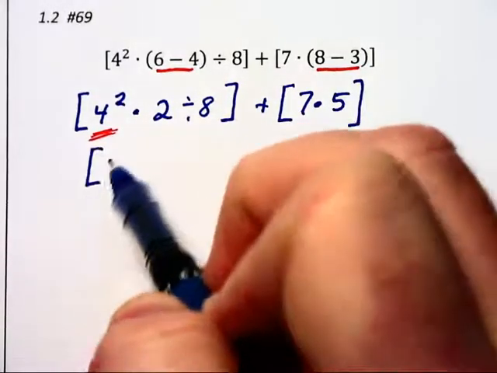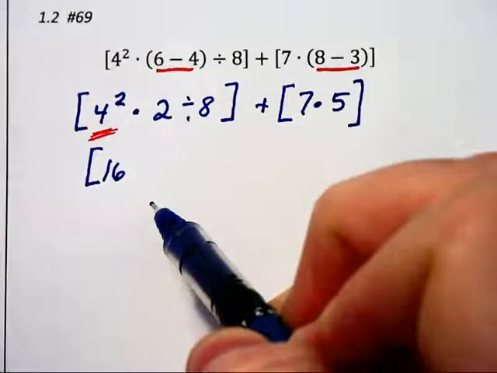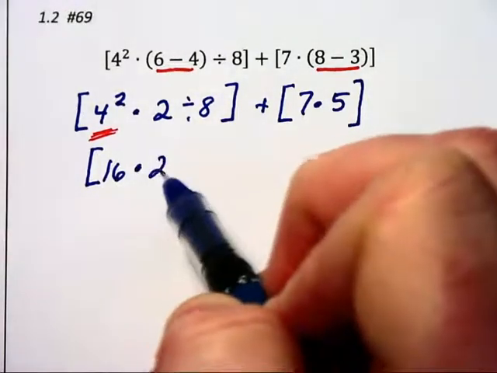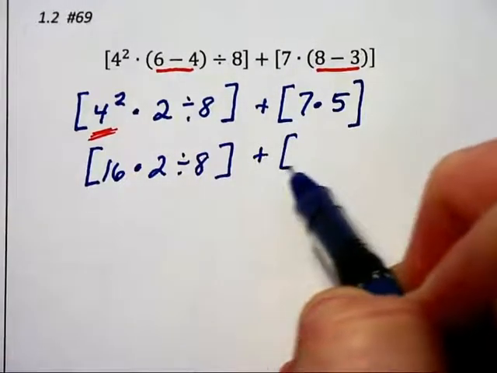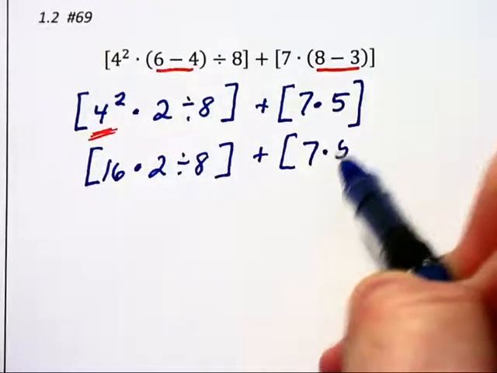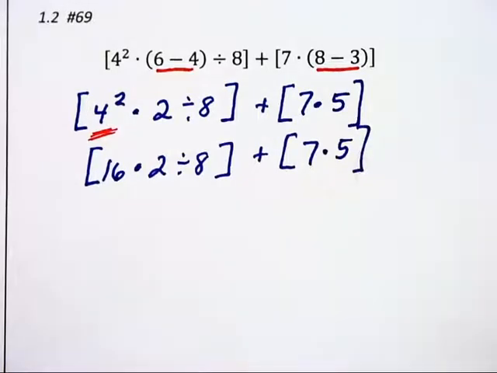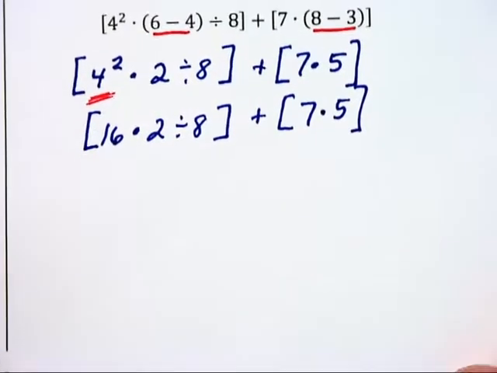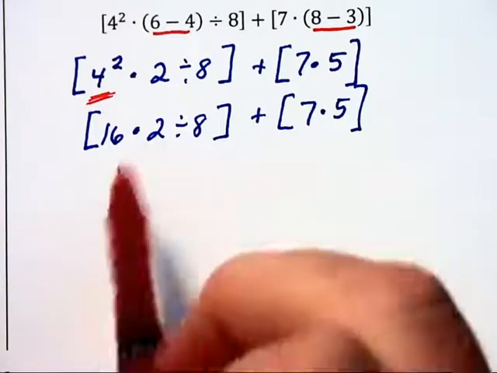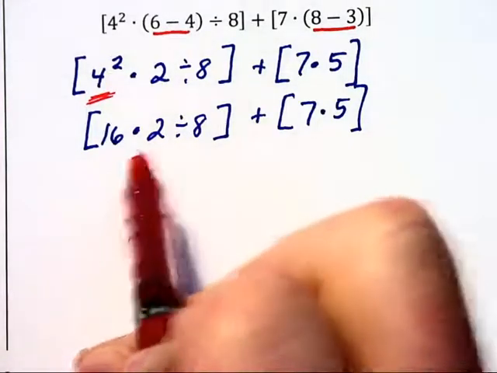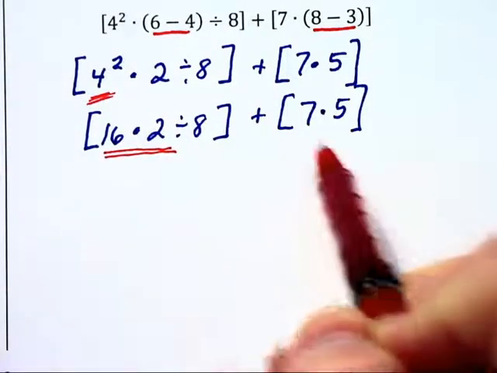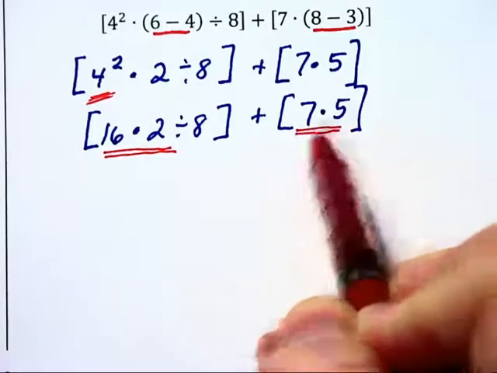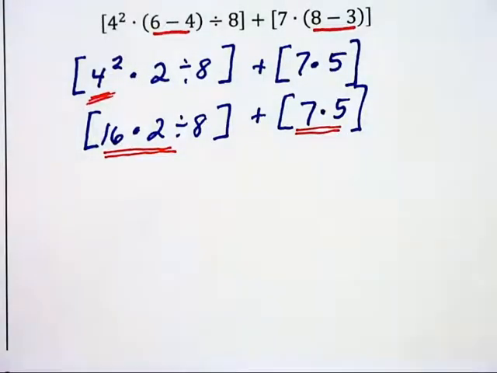So we're going to do that on this first pass through the problem. That will give us 16, because 4 times itself is 16, times 2 divided by 8 within the first bracket, plus 7 times 5. Now I really could do that multiplication now, but I'm waiting till the next phase when we do multiplication. In the first parentheses, we have multiplication and division, which are equally important, and since the multiplication shows up first, that's the one we're going to do first, and now we'll do this 7 times 5 at the right.